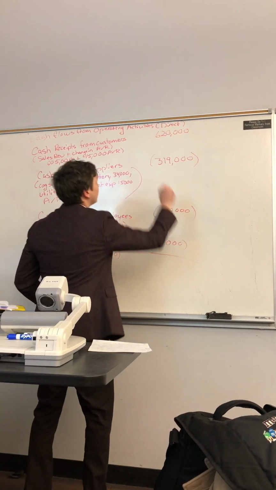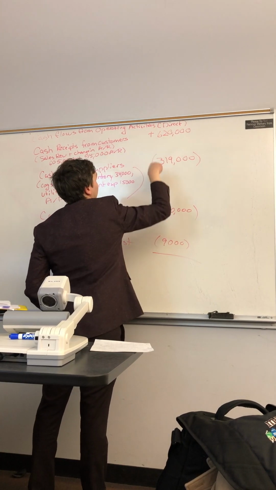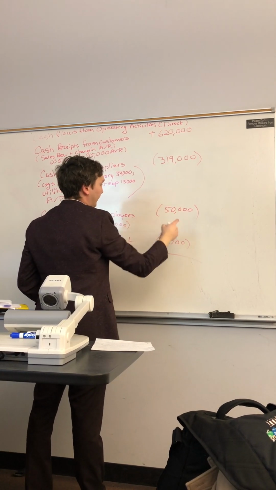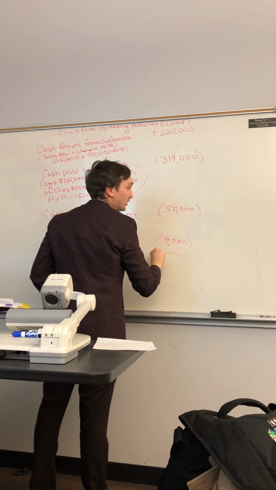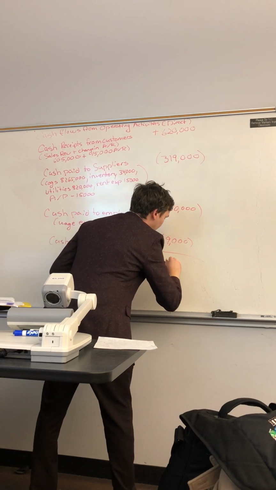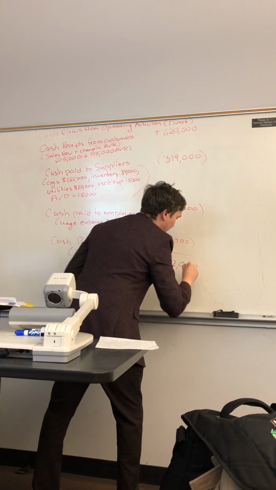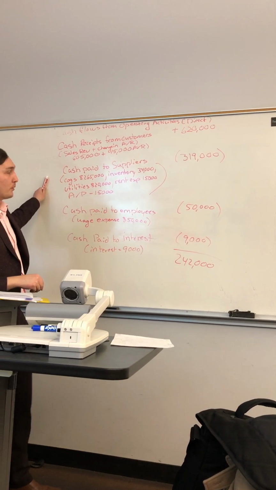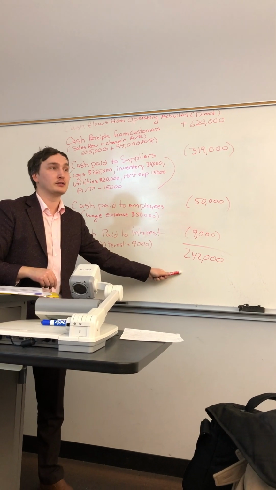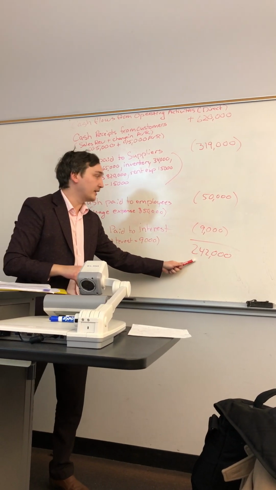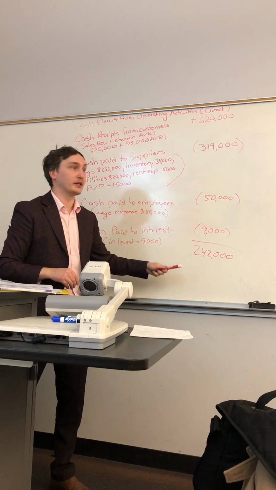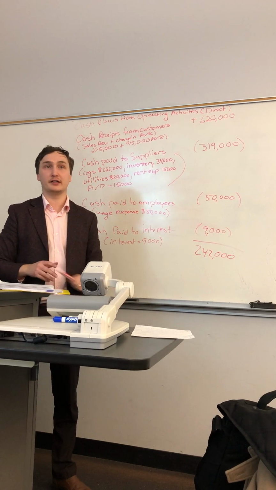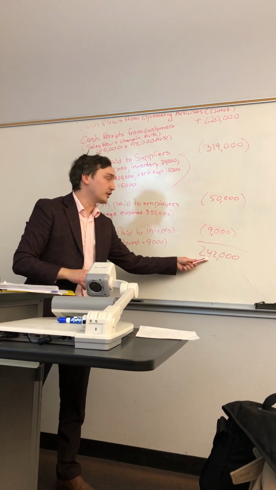So if we go 620, subtract 319, subtract 50, subtract 9,000, we should get the exact same amount as our cash flows from operating from our indirect method. So again, you're not going to get a different amount, you're just going to have a different way of doing it. Either way that you do it, you should end up with the same amount.